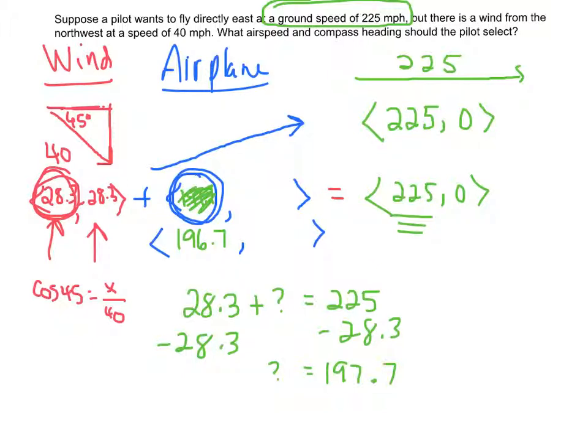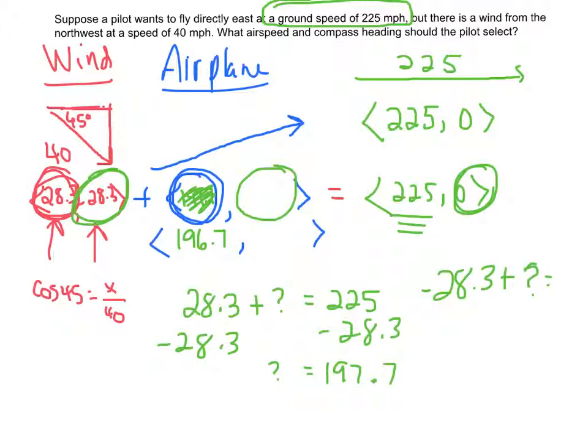Then I'm going to look at the y values. If I take negative 28.3 plus whatever this is, I need to get 0. So negative 28.3 plus question mark equals 0.